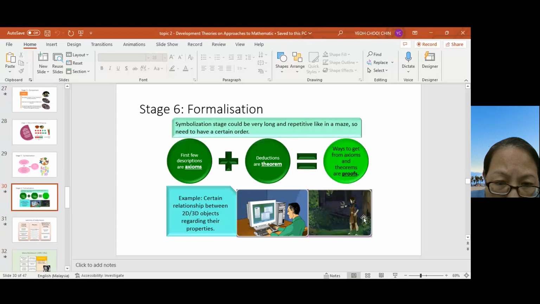First a few descriptions are axioms, and axioms plus deductions are theorems. The way to get the axioms and theorems are proved.